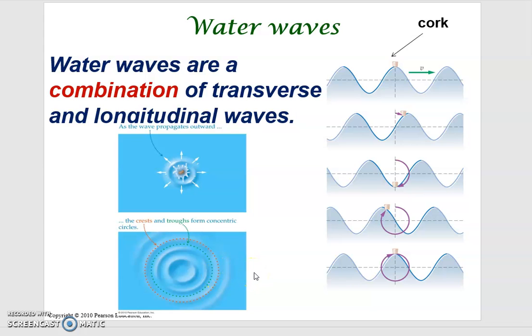However, the water wave is not simply a transverse wave or a pure longitudinal wave. It is a combination of two. So let's take a look at the figure on the right hand side here carefully. So this is the surface of the water. It is not a flat surface.